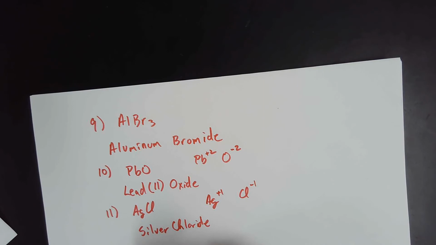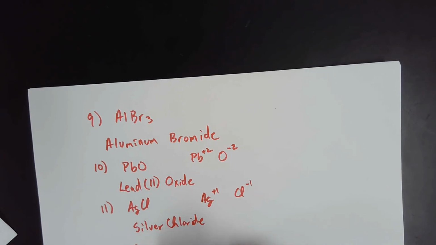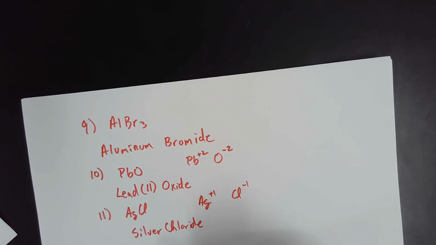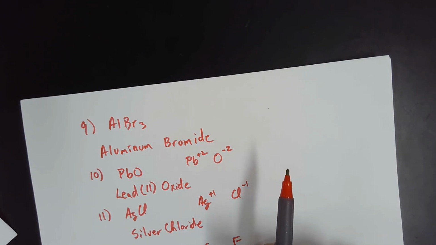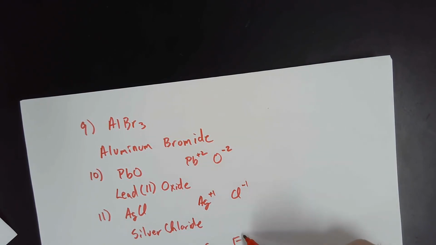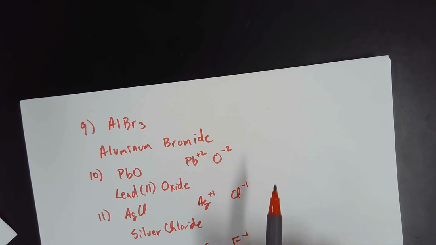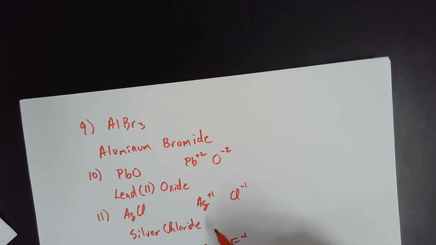All right, number 12. SnF2. So I have Sn and 2 fluorines. What charge does fluorine make? They make -1. I have 2 of them, so my net negative charge is -2. What charge does the Sn have to have?